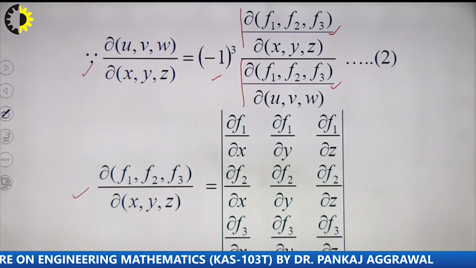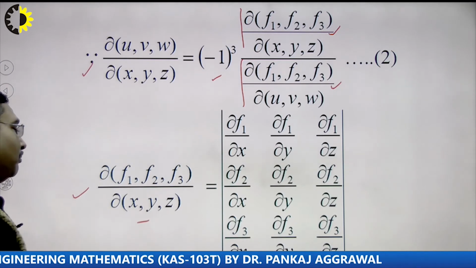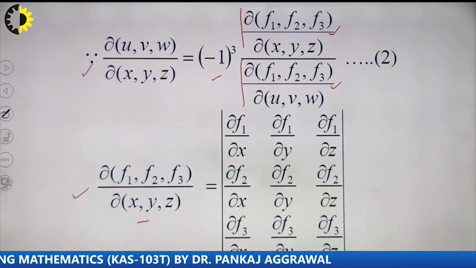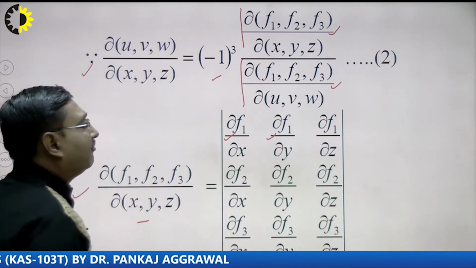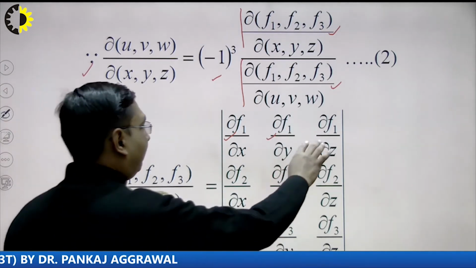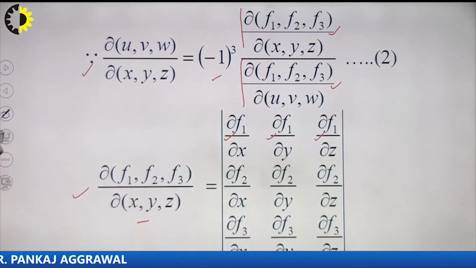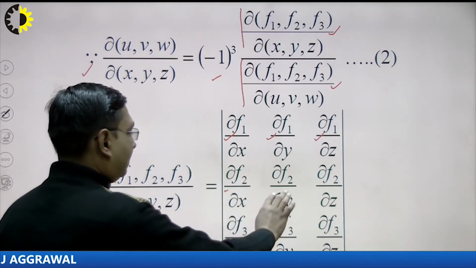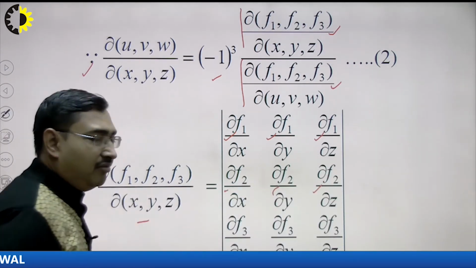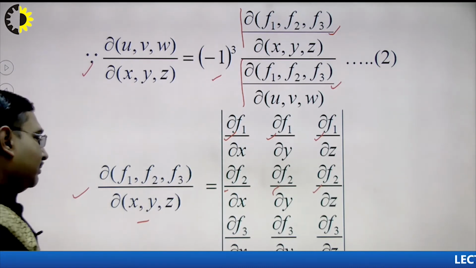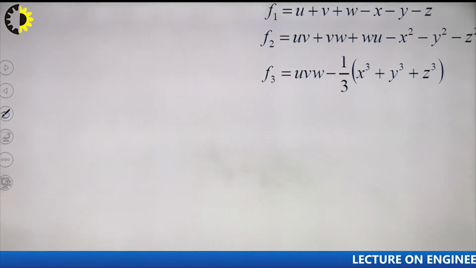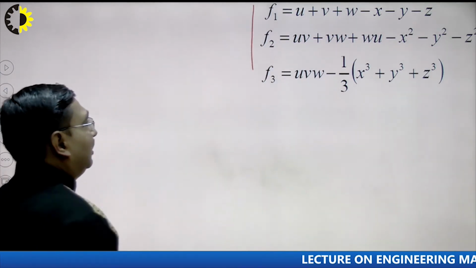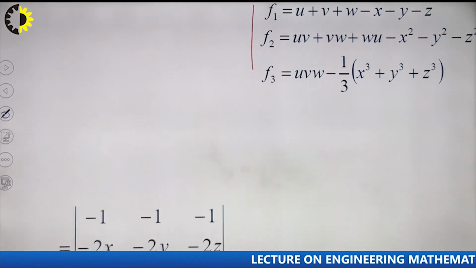Now, this del f1, f2, f3 upon del xyz is equal to del f1 over del x, del f1 over del y, del f1 over del z, del f2 over del x, del f2 over del y, del f2 over del z, and similarly the third row. Now, these are values of our f1, f2 and f3.